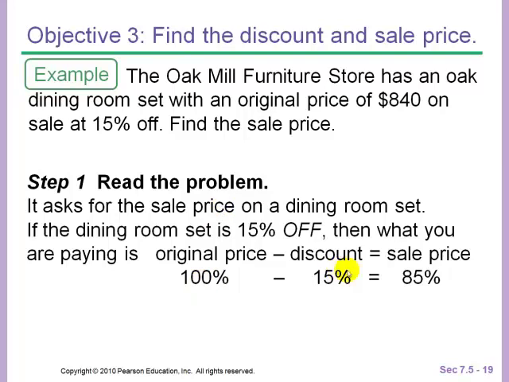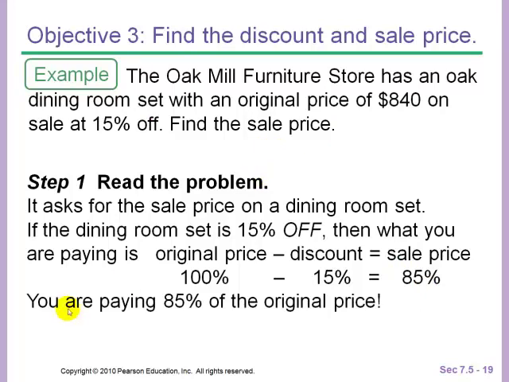But in this case, we're taking off a certain amount, namely 15%. 100% minus 15% is 85%. So when something is 15% off, what you're actually paying is 85%. So we can jump directly to the sale price by finding 85% of that 840.